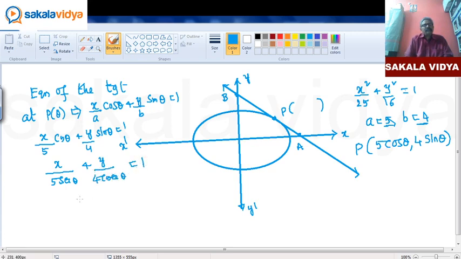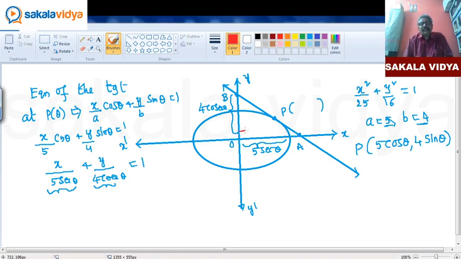This is in the form x by a plus y by b equals 1, the intercept form, where this is the x-intercept and this is the y-intercept. With O as the origin, OA will be 5 sec theta and OB will be 4 cosec theta. Now we can find AB.